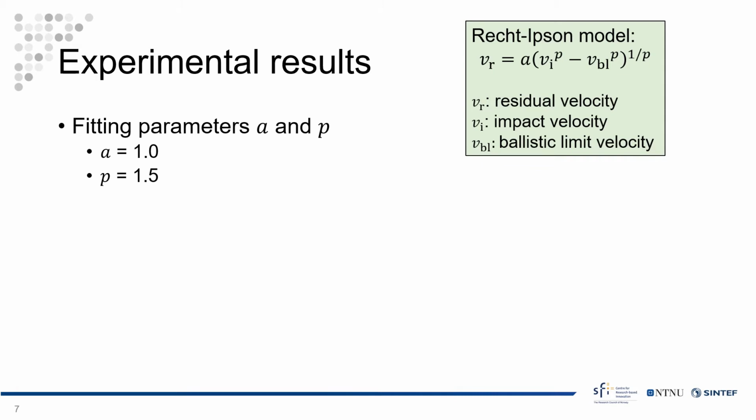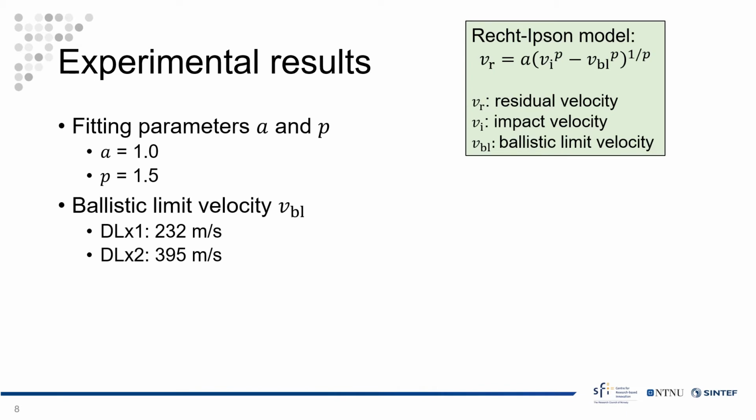We assume that these parameters are the same for both setups, DL1 and DL2, and we calculated them as 1 and 1.5. The ballistic limit velocities were found to be 232 meters per second for DL1 and 395 meters per second for DL2.